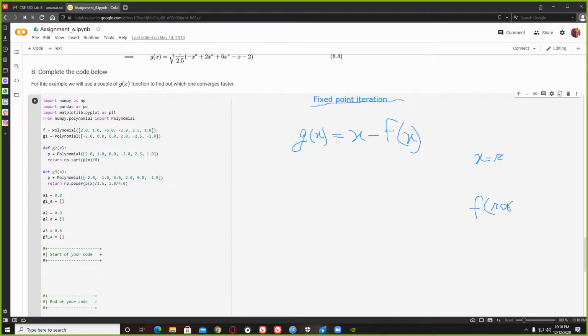If x is the root of the function f of x, then this will be 0. So let's replace these values with the root. So this becomes r and this becomes 0.